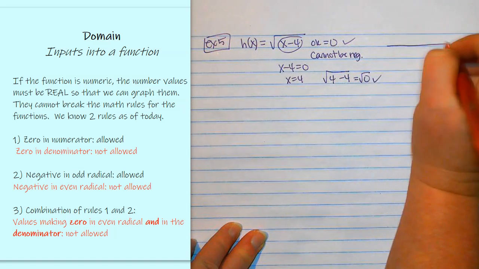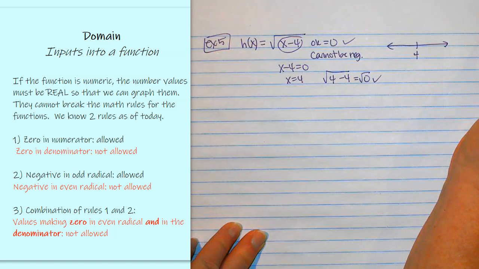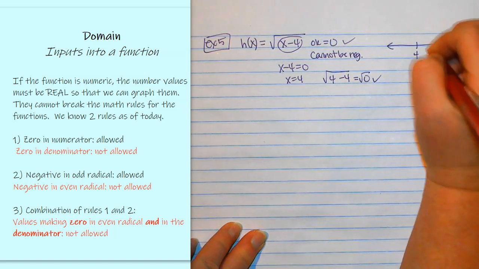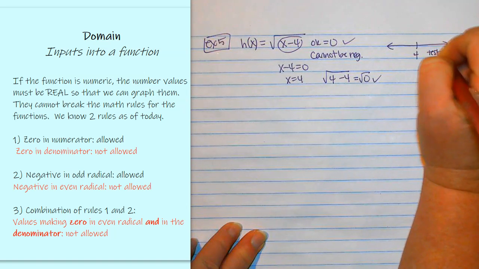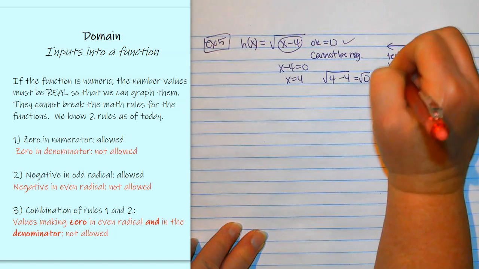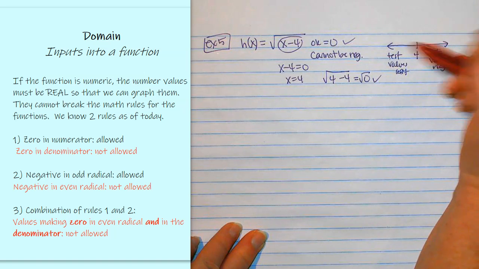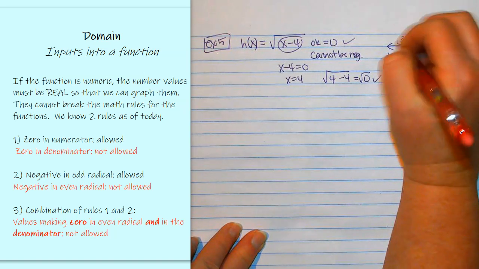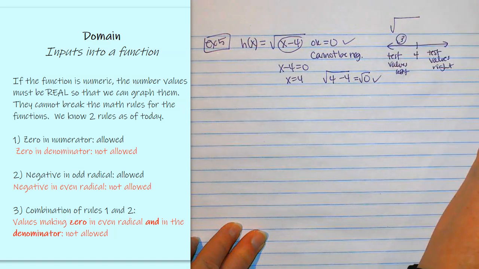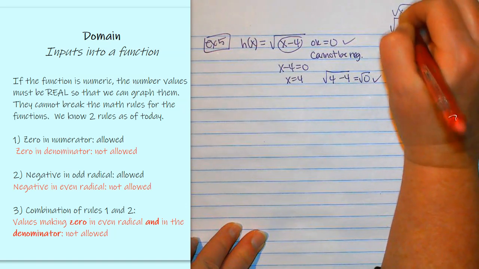But then we're going to do a number line test, and we're going to put 4 on a number line because it's good. And we're going to test values on the right, and we're going to test values on the left and see what works. So a good number to test on the left of 4 would be 3. Here's our original function, square root of x minus 4.